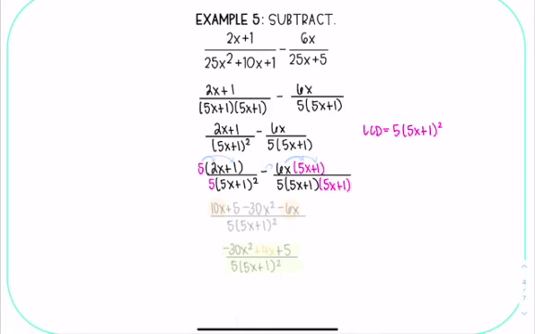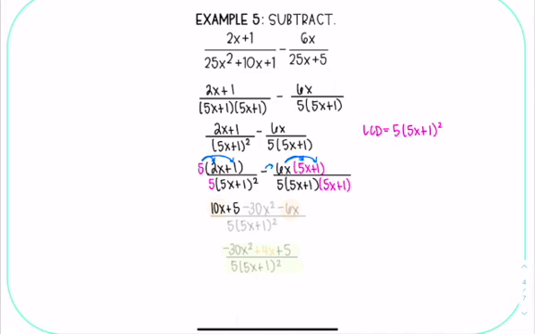And so we're going to need to distribute in the first and second numerator. Again, I like to put my negative with the number, so it's easier to just distribute the negative with the 6. So in the first one, we have 5 times 2x, which is going to give me 10x, and 5 times 1, which is 5.